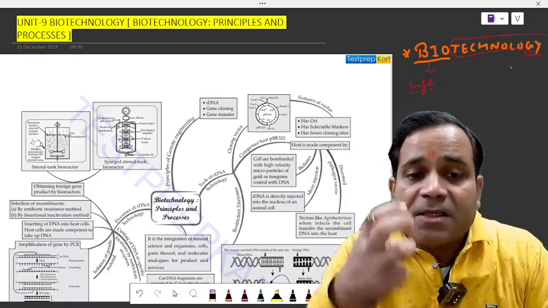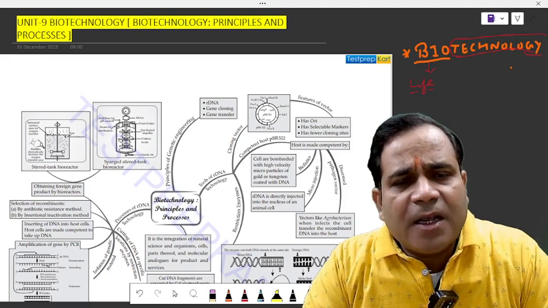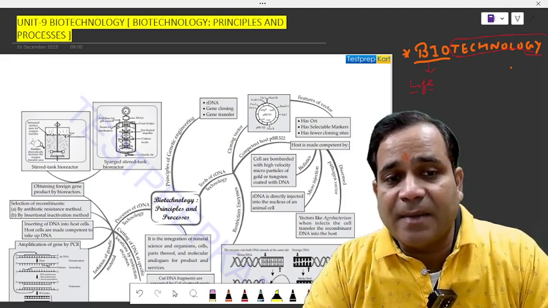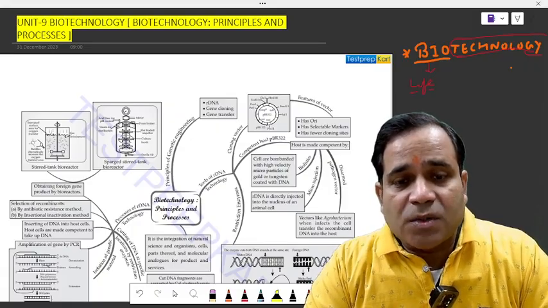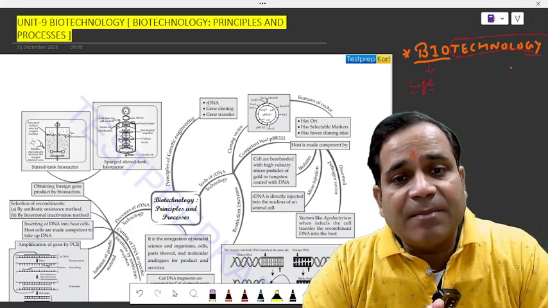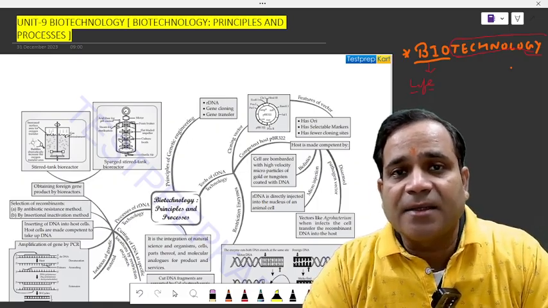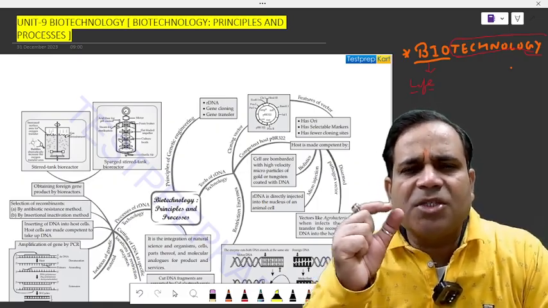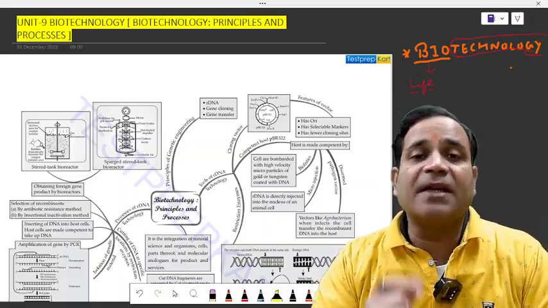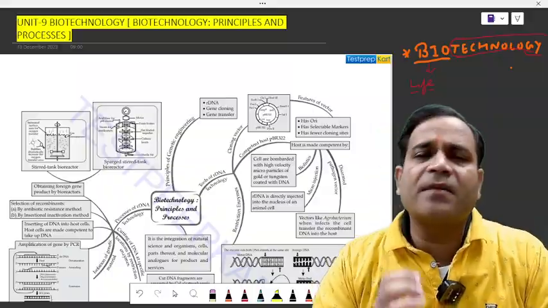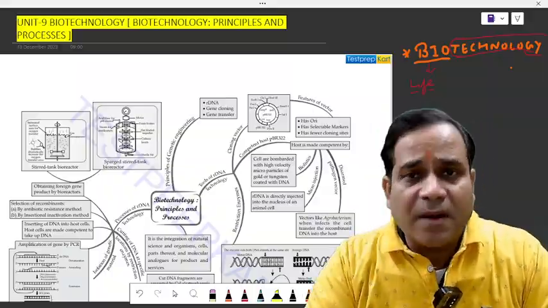We study the principles of genetic engineering in biotechnology principles and processes. Biotechnology is a tool by which we study whatever we want to change or modify in life.